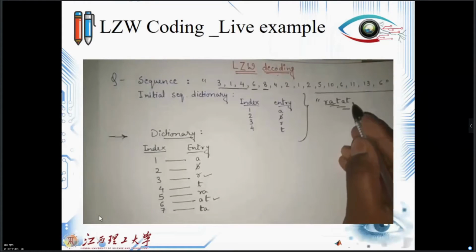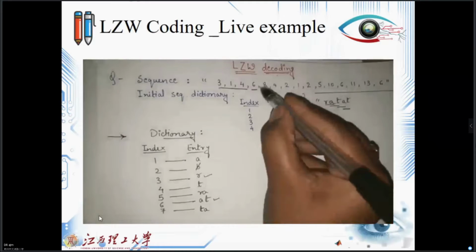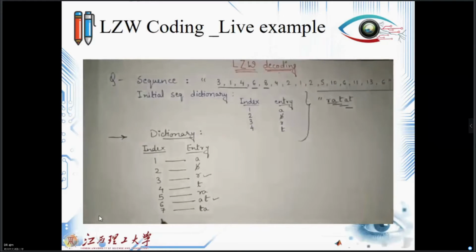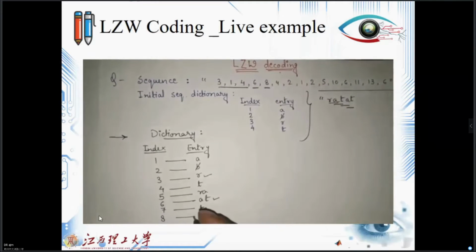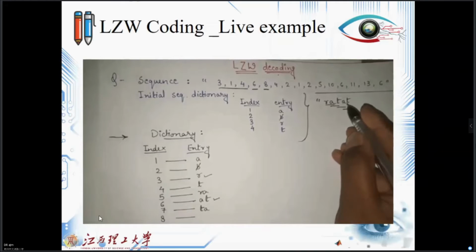Then AT with something should be added. Then what should we do? Here we don't know exactly what should come for the 8, but it should start with AT and some added things to this.